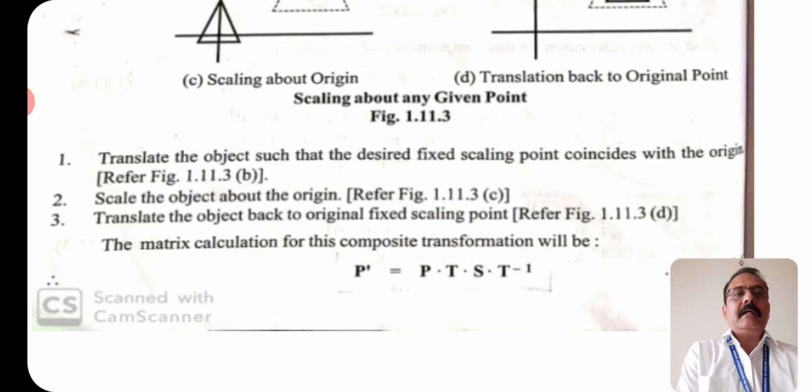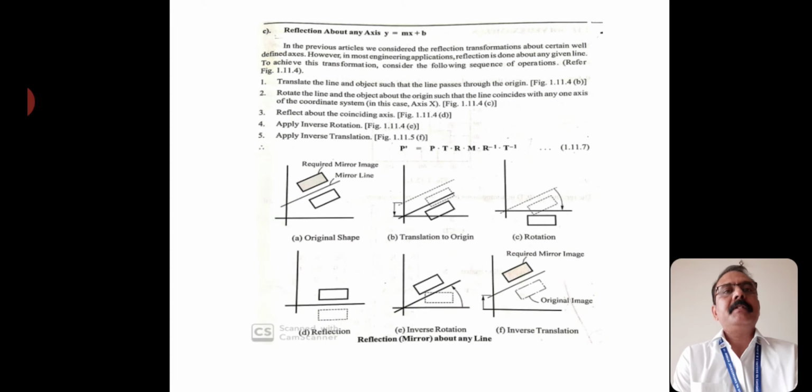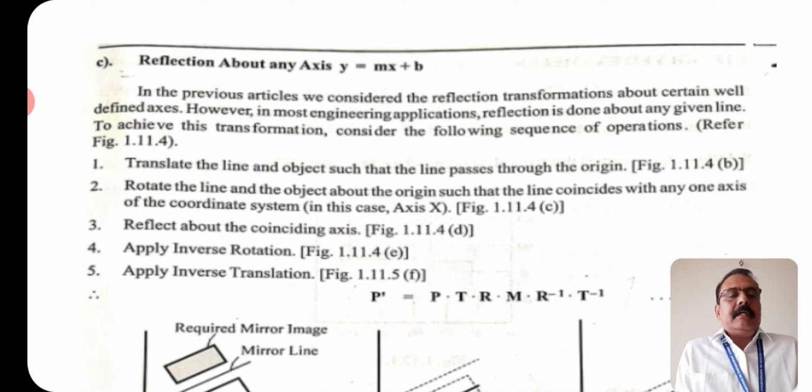Therefore CT, that is the composite or concatenated transformation matrix, will be: for point P dash, P dash is equal to original matrix P into T into S into T inverse, where T is the translation, S is the scaling matrix, and T inverse is the inverse translation matrix.